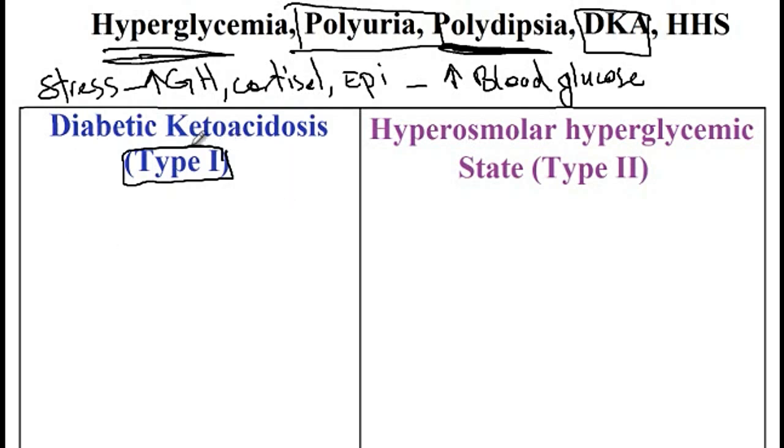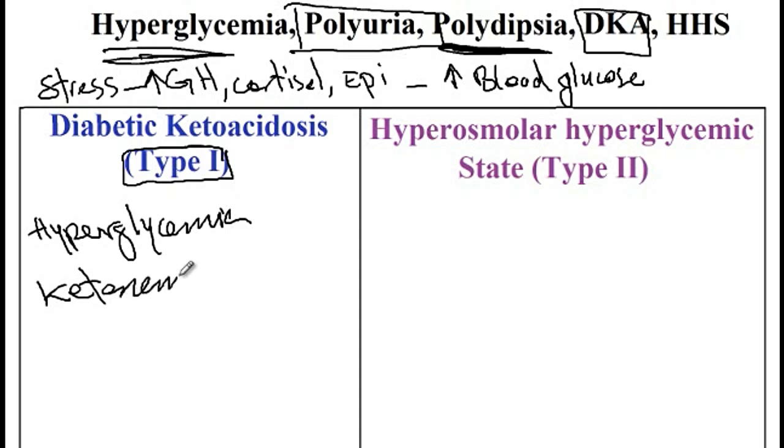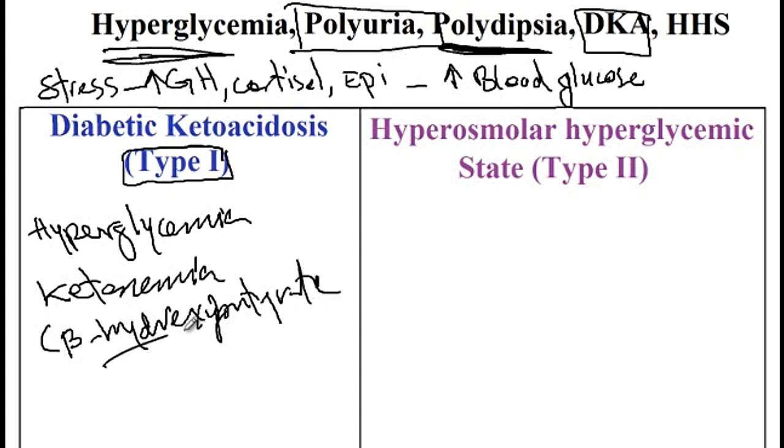In any case, patients with DKA will present with a triad of hyperglycemia, ketonemia, and the two major ketones that are present in the blood of these patients are beta-hydroxybutyrate, which is the most abundant one, and then acetoacetate would be another one.